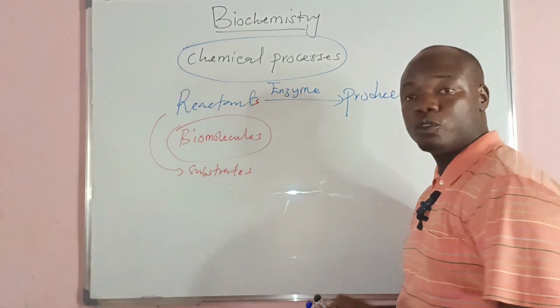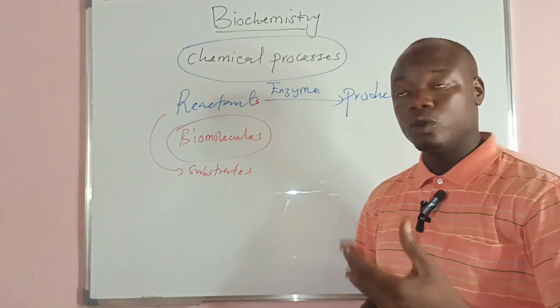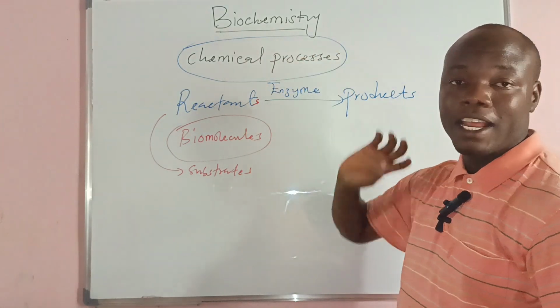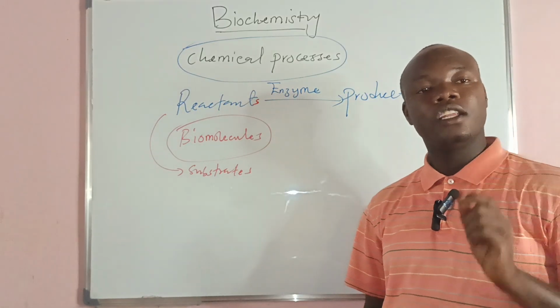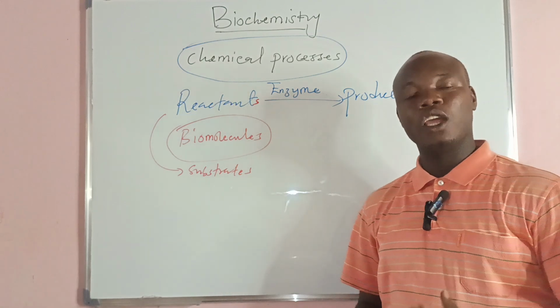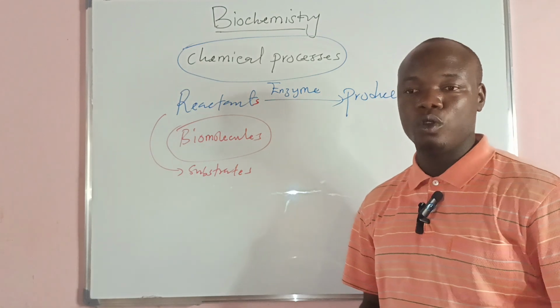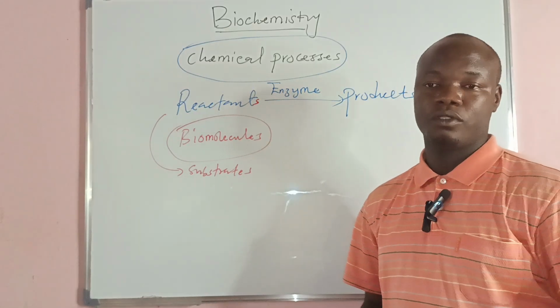As I am talking now, it is because of the chemical reactions that are taking place in my body. Everything that we do is a result of chemical reactions. So whenever we are dealing with the study of biochemistry, we need to understand the molecules themselves.